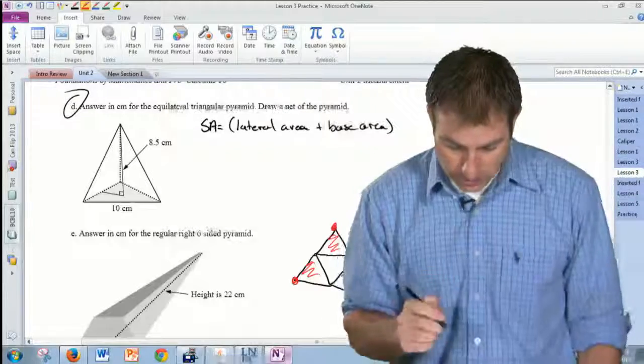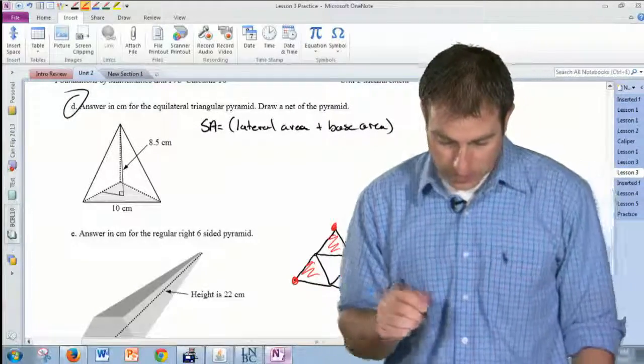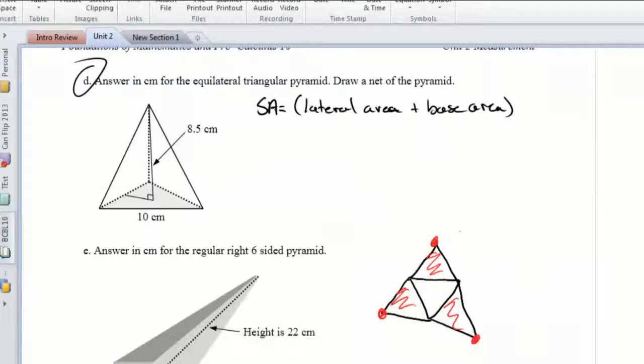All right, so I need to find the lateral areas, and then I'm going to find the area of the base. Like all of these questions, I'm going to draw in this green line here, and that's going to be my slant height.